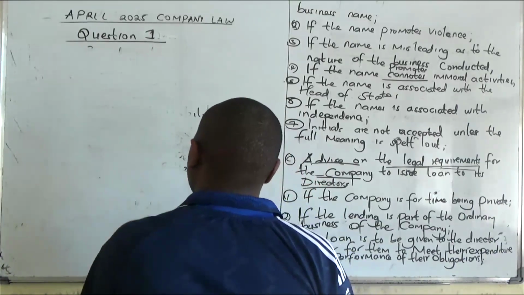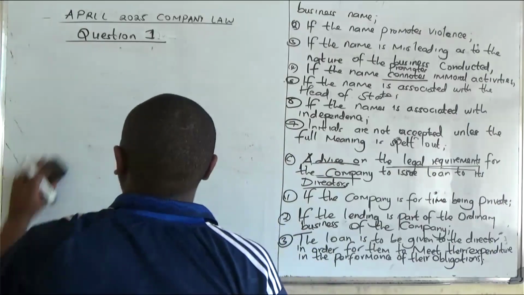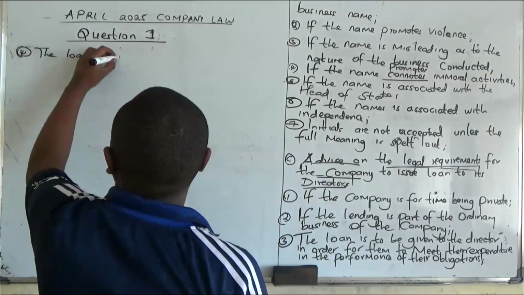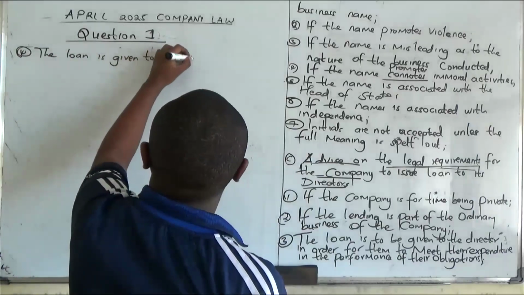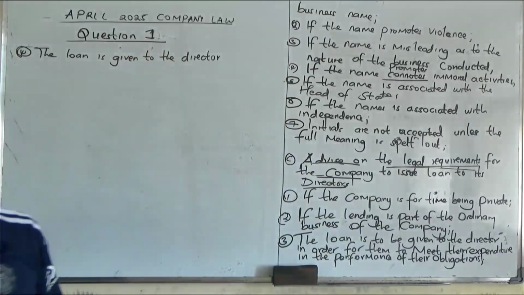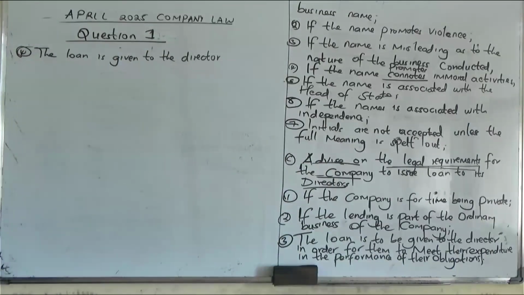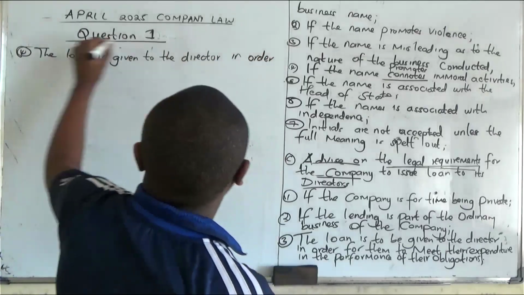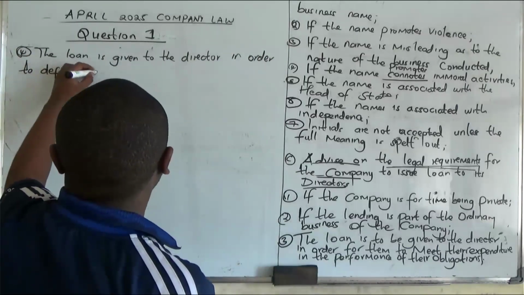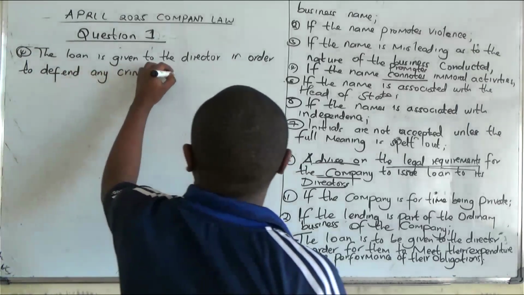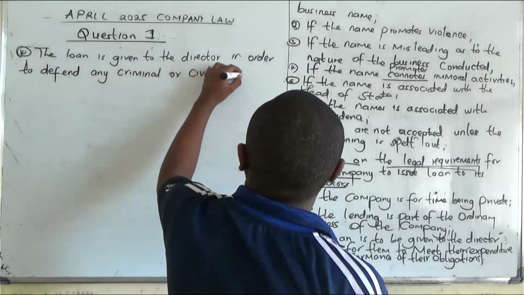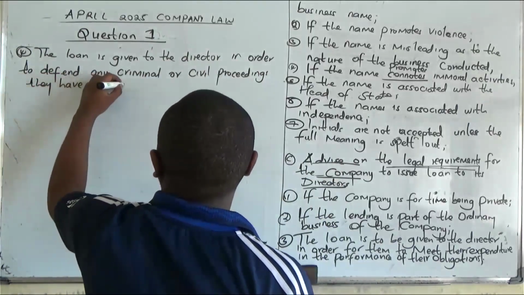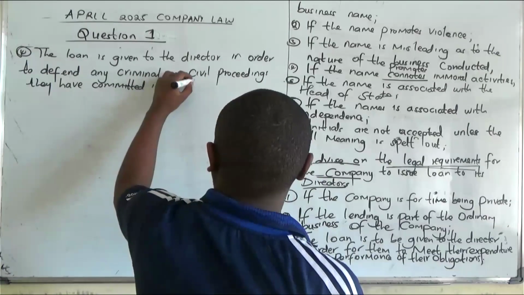The loan is given to the directors in order to defend any criminal or civil proceedings they have committed in the discharge of their functions.